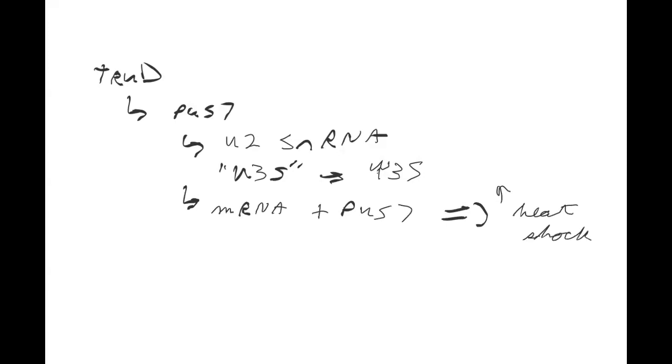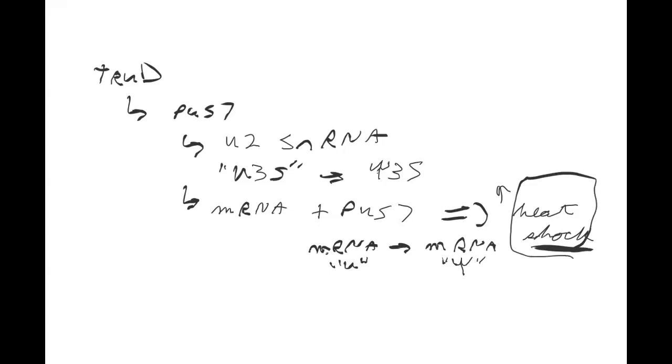Okay. By changing some of the messenger RNA to go messenger RNA with the uridine, and then messenger RNA in some locations with the pseudouridine. This will increase its heat stability.